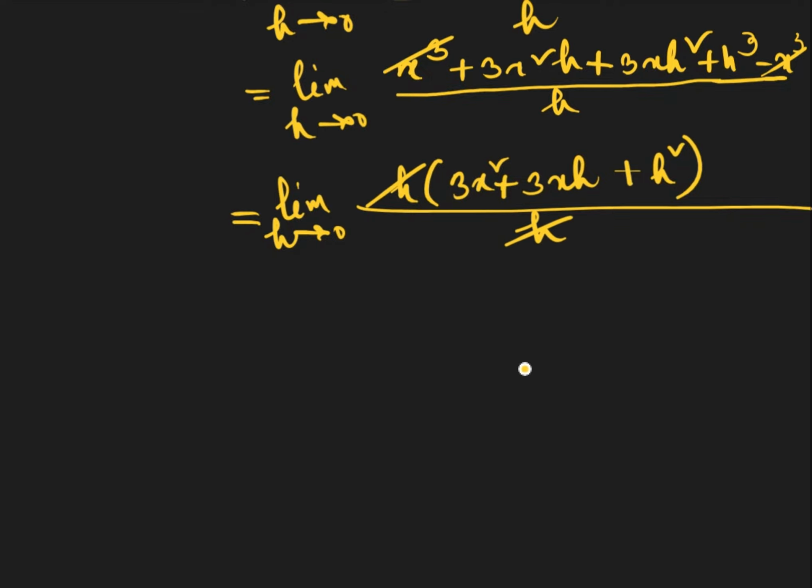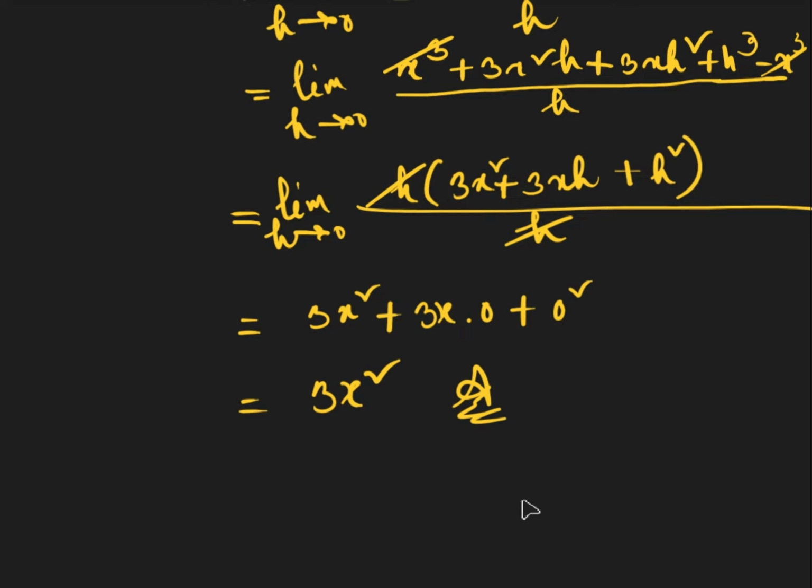Because we have to cancel out this h at the denominator, so there will be no infinity. So the major task is done. Now it's time to plug in the value of h tends to 0. Why are we plugging in here? Because if we plug in here, we find some absolute value. So this is 3 x square plus 3 x dot 0 plus 0 square. So the value will be 3 x square. So this is the answer.